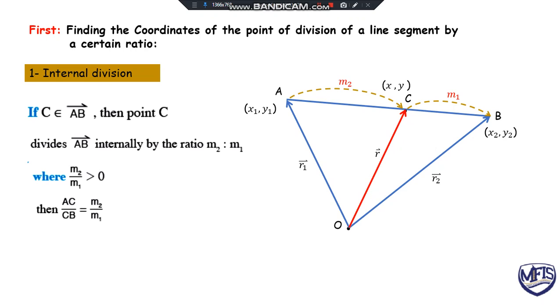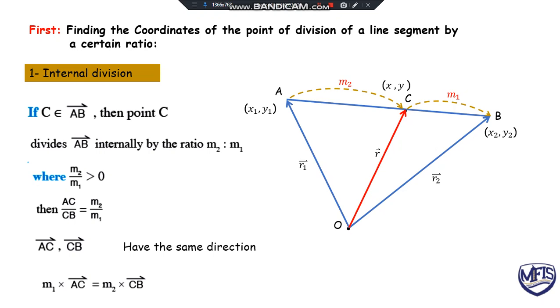So we have the ratio between AC to CB is equal to M2 over M1. So the directed line segments AC and CB have the same direction.